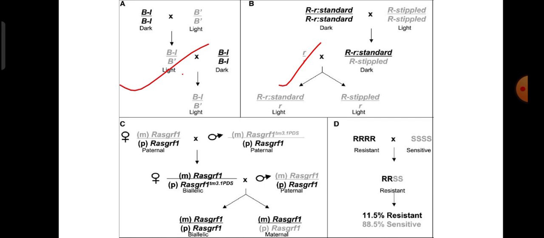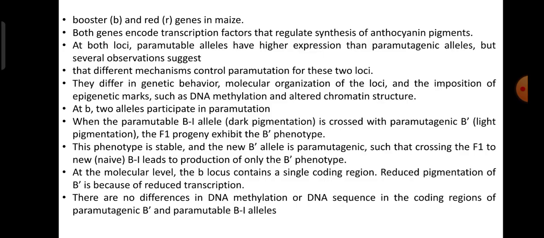What will you get? You will get the dark one, okay, because the dark one is paramutagenic here. Then again, if you are crossing it with the recessive homozygous one, what will you get? There will be segregation, light one and R stripped, but both are light only, but the character expression is different.